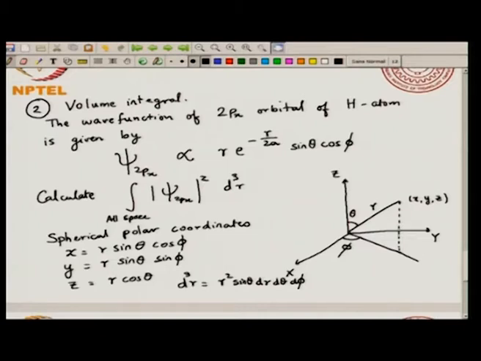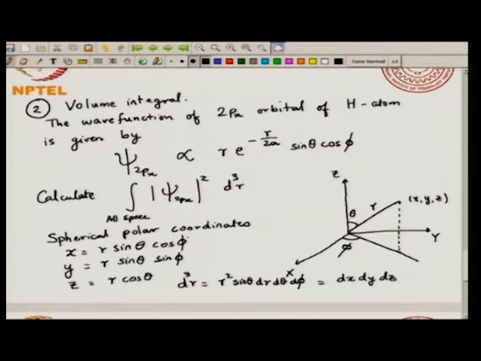When you do a volume integral, d cube r is the same as dx dy dz. When you convert to spherical polar coordinates, you do not just write dr d theta d phi, you have to have a multiplicative factor of r square sin theta. So, with all this information we can easily go ahead and calculate this integral.